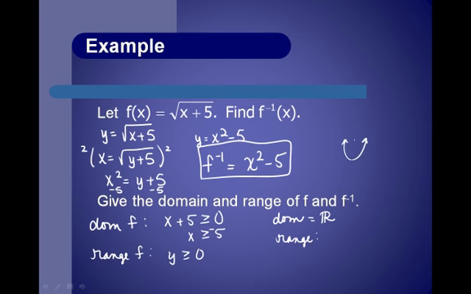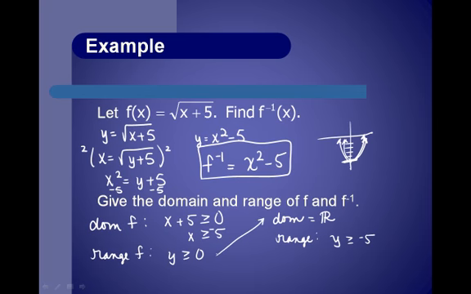The minus 5 means that it has shifted down 5: 1, 2, 3, 4, 5. So the range is going to be all real numbers greater than or equal to negative 5. Notice that the domain of f inverse and the range of f are not the same.